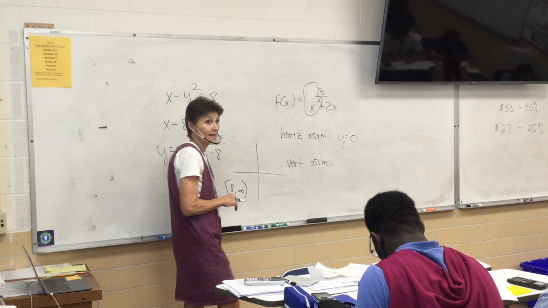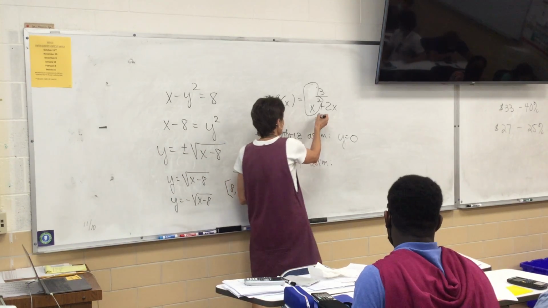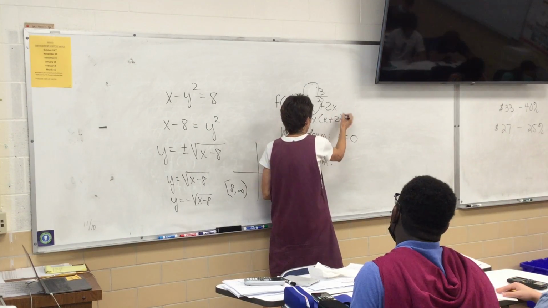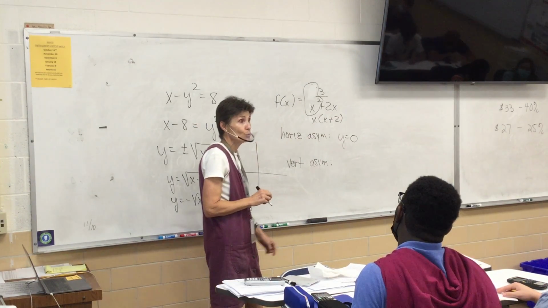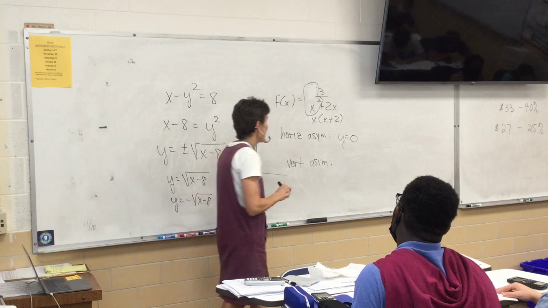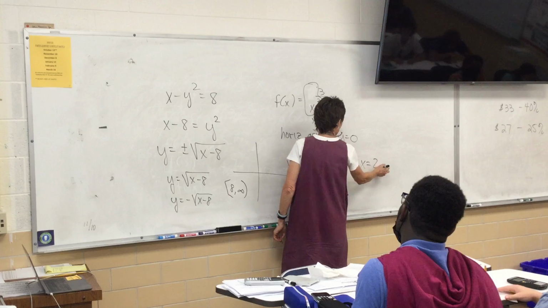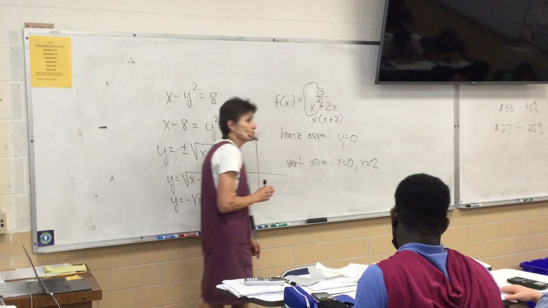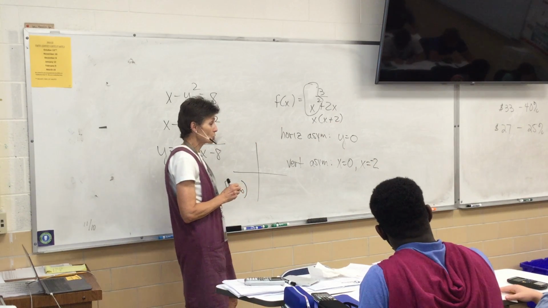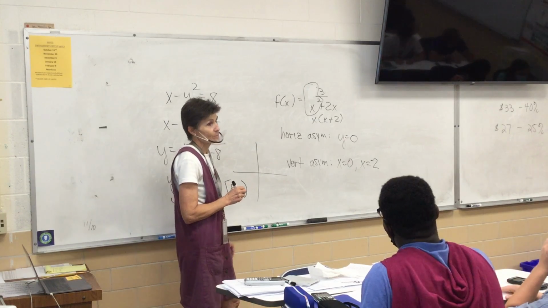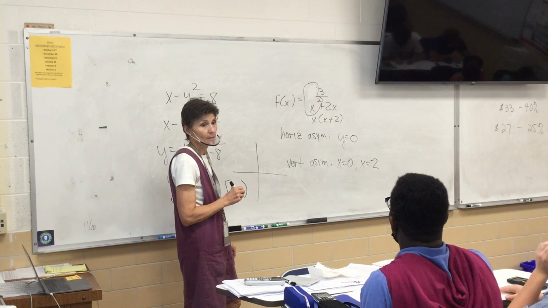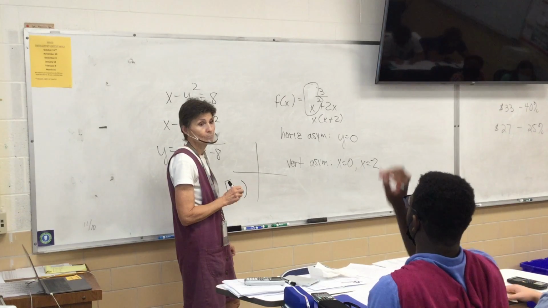They come from what x cannot be, exactly. So if I factor my denominator, I can see that there are 2 cannot be's. X cannot be 0, and x cannot be -2. So this picture would have 2 vertical asymptotes.